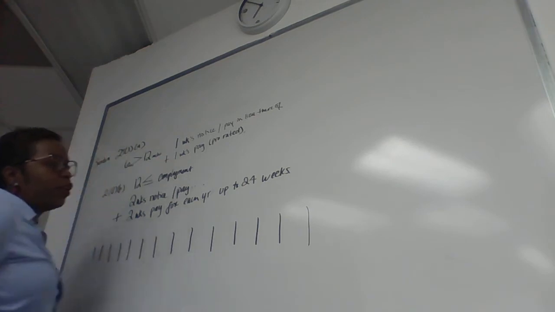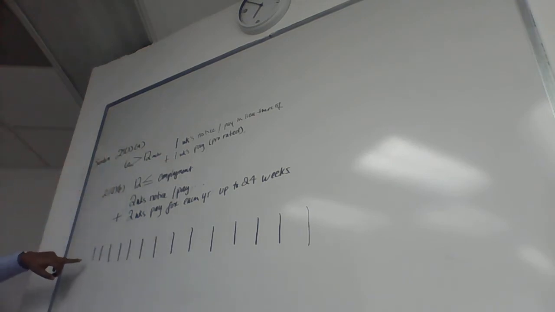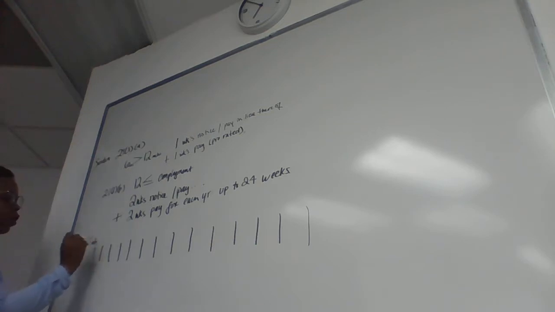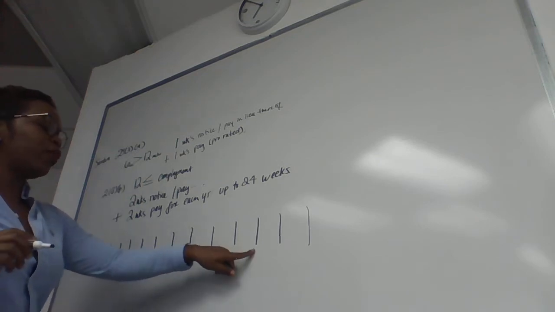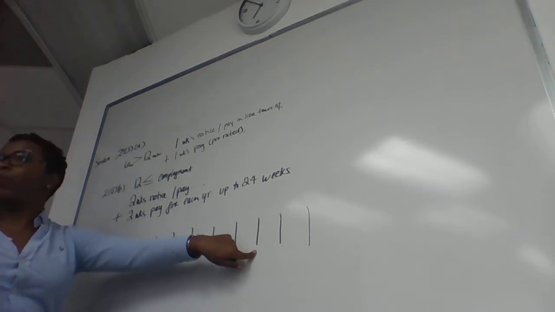I put 14 there, right? And for each year, we know we get 2 weeks. So we count 2, 4, 6, 8, 10, 12, 14, 16, 18, 20, 22, 24. So that's the maximum we could get.